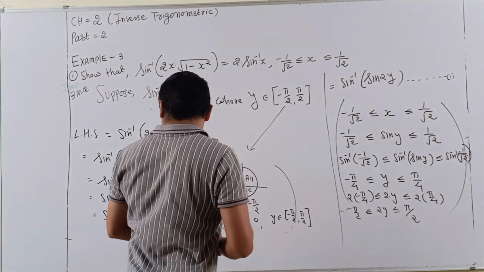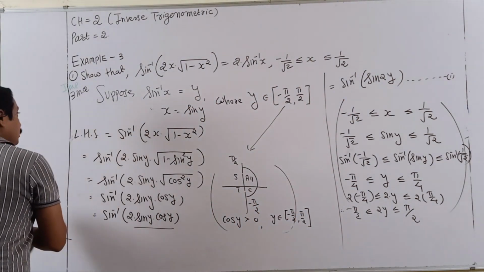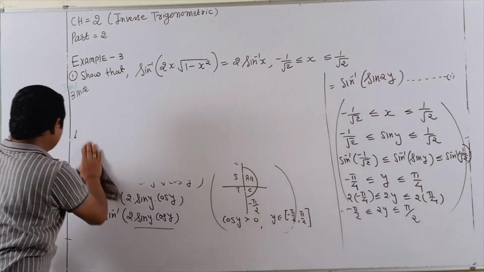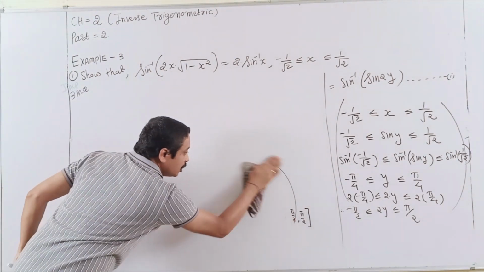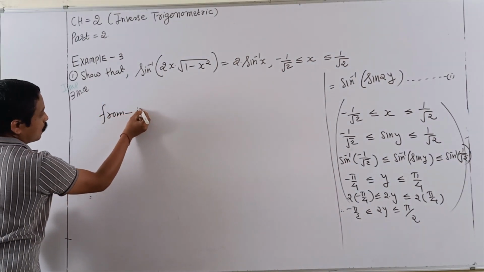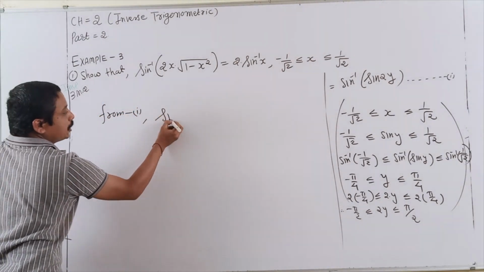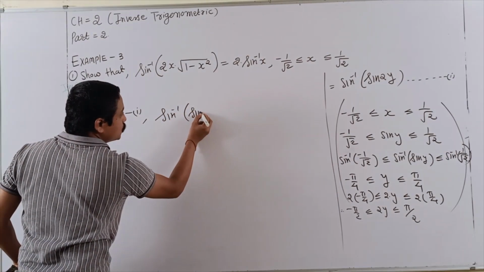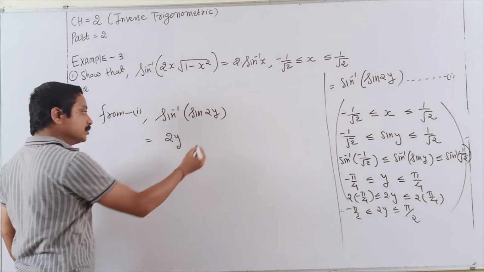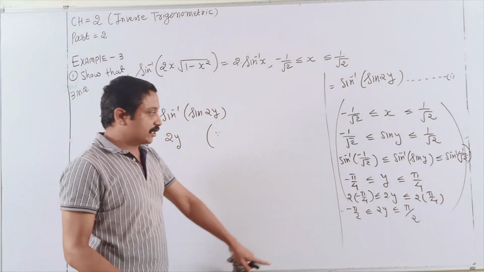That's why, students, I show you from equation 1 continuing here. What is from 1? It is sine inverse sin 2y. I just show 2y here because I mentioned this range.